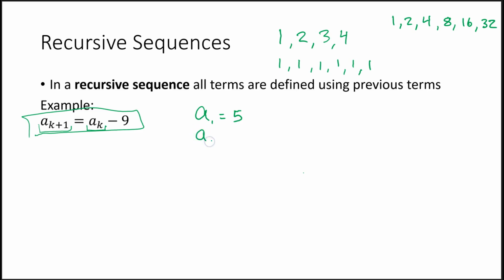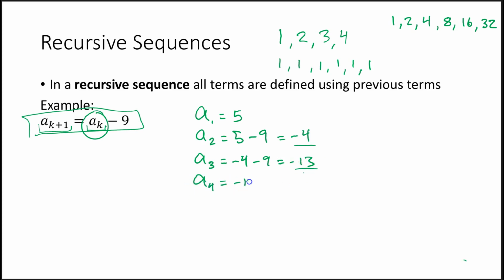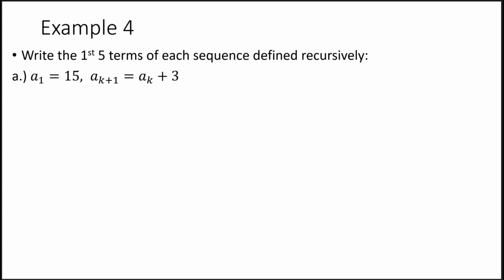Well, for my next term, I would have to use that previous term and subtract 9, and I'd get negative 4. And then for my next term, I would have to use the previous result, negative 4, minus 9, and I get negative 13. And if I wanted to continue, I would have to use the result to find my next answer. That's how recursive sequences work.